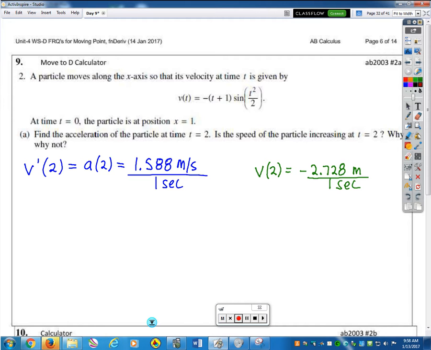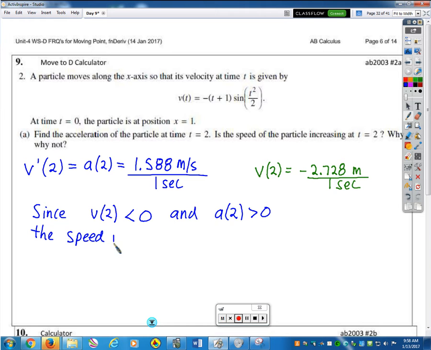All you write on your paper is: since V of 2 is negative and A of 2 is positive, the speed is decreasing. You can abbreviate decreasing.